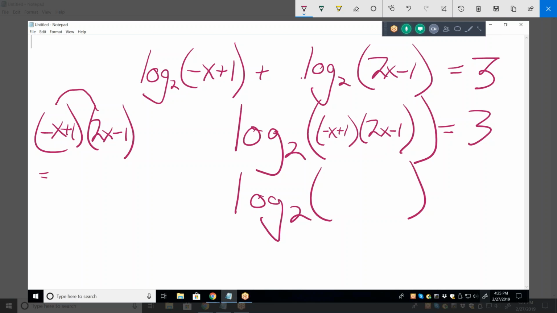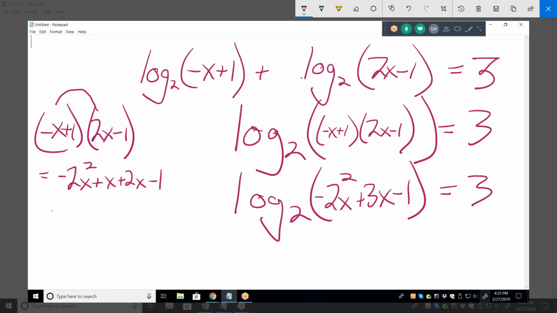Foiling it, that would be negative 2x squared, plus x, plus 2x, minus 1. And that reduces to negative 2x squared plus 3x minus 1. And that's equal to 3.